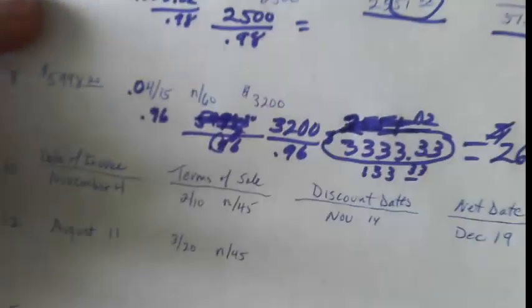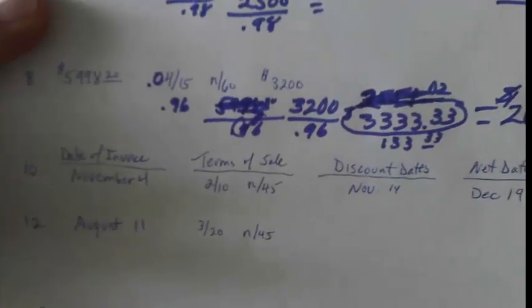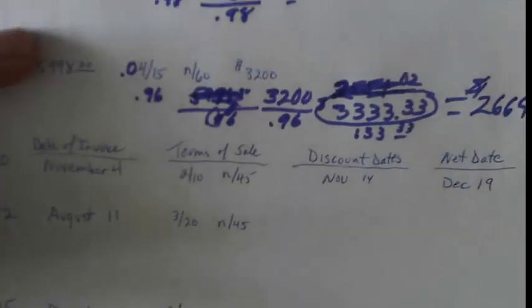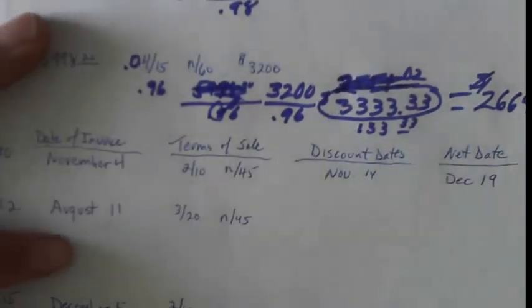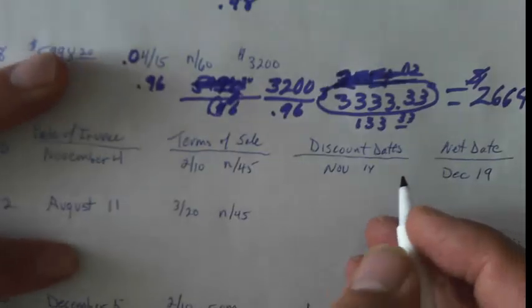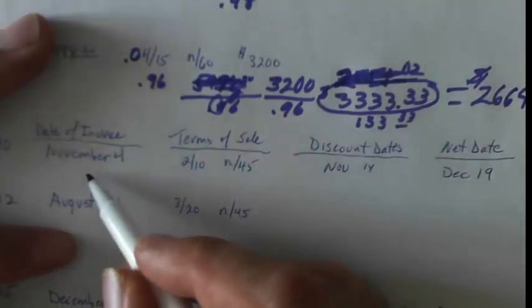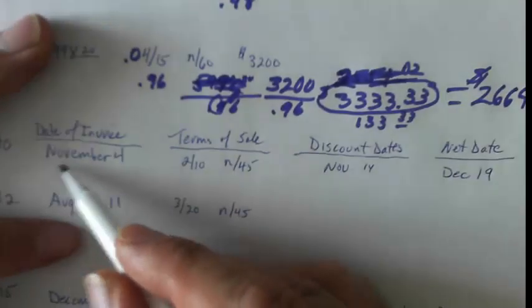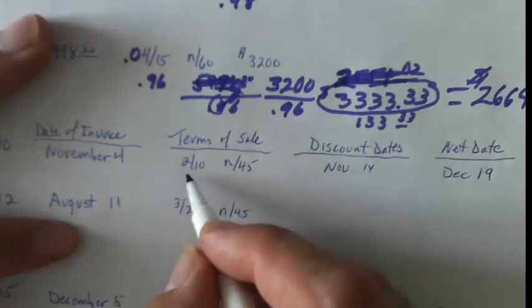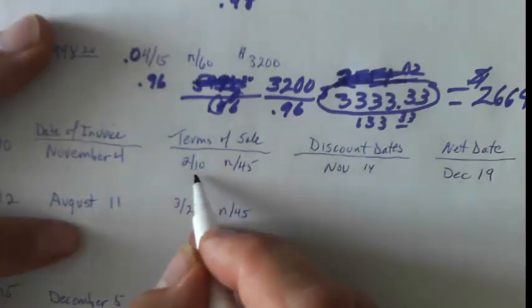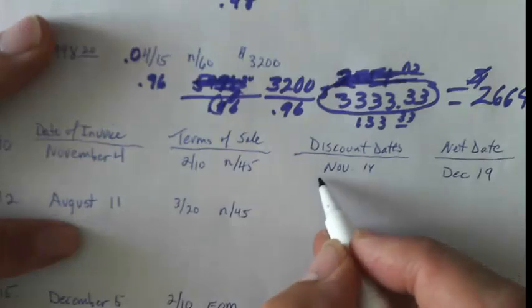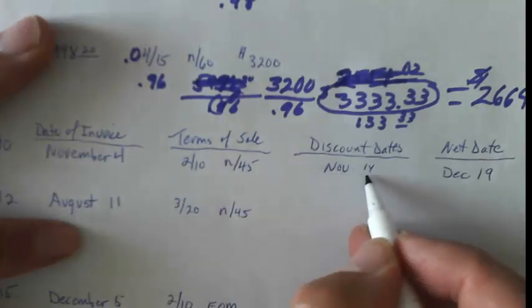As we continue down the page, they're asking us to work with invoice dates and when is the last day our discounts are viable. In this first one, an example from problem 10, the invoice date is November 4th. The 2% discount is good for 10 days, so the last day that discount is good is the 14th.